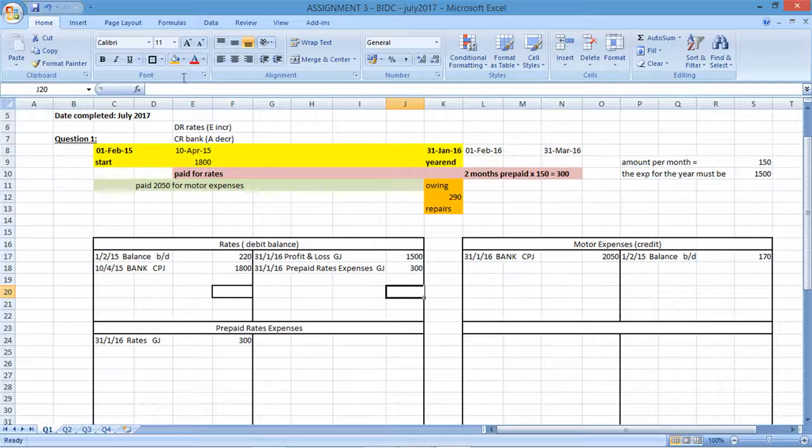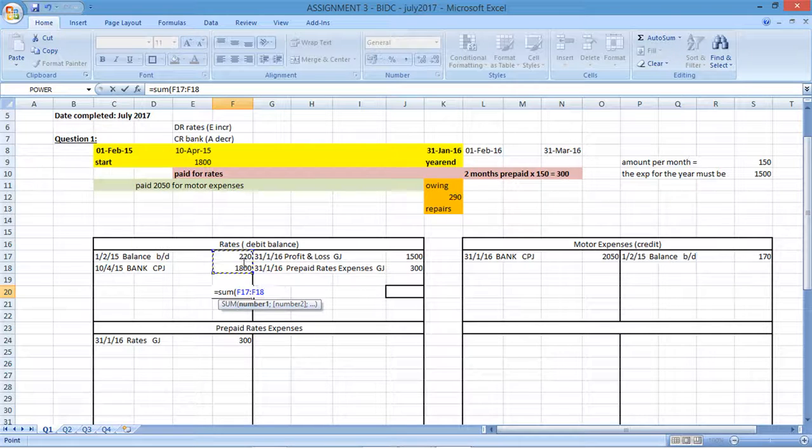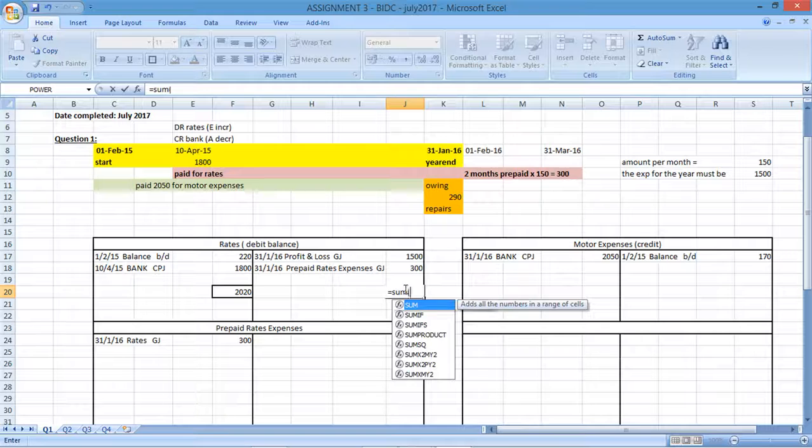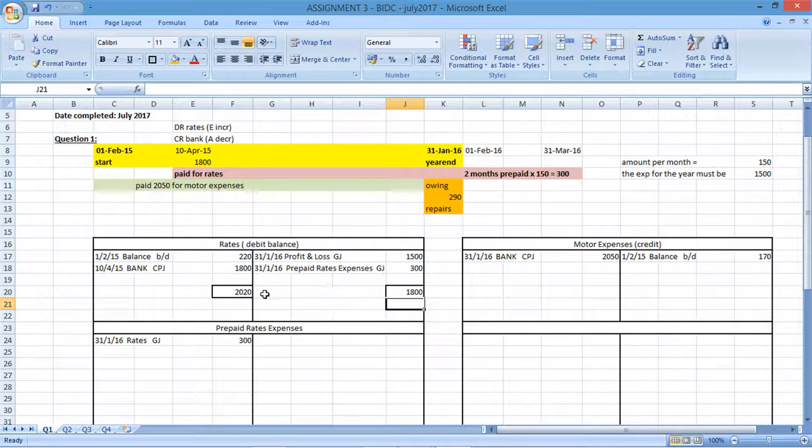So obviously if I had to total up this account, you're going to show the sum of the left and the right. So there's the one, okay, and if I sum up the other side, you'll see the one side is bigger than the other, right? Because we start with a balance. They gave us a rates balance, meaning this account actually had an amount that was left over.